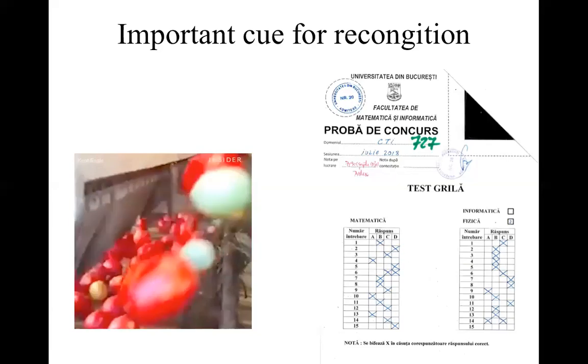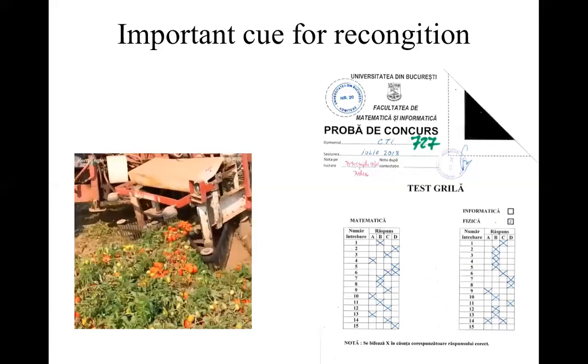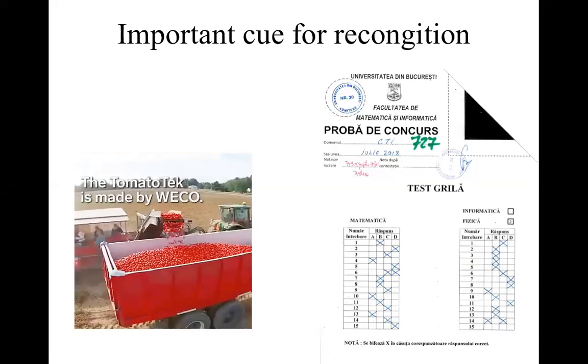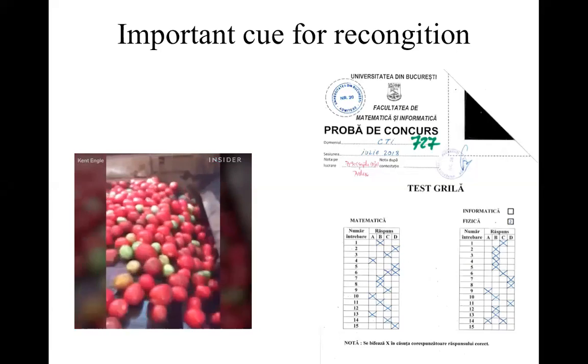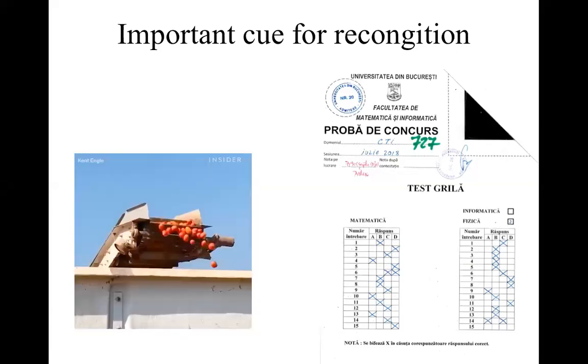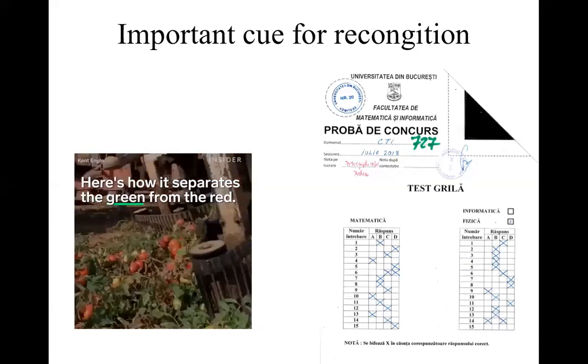So here you see a machine that sorts tomatoes, discriminating between those that are red and those that are green. It is a very simple method, because the only thing that it has to do is to recognize the color red.